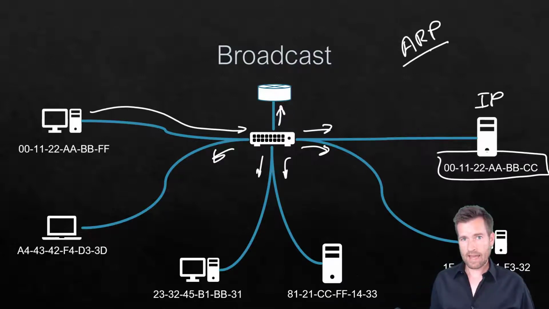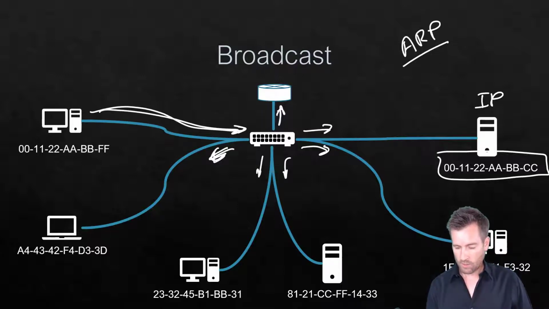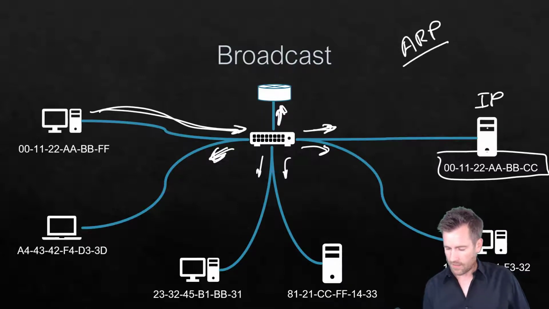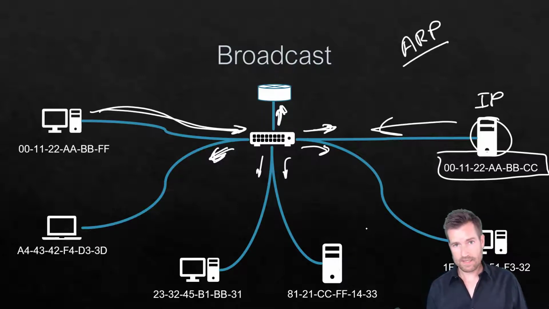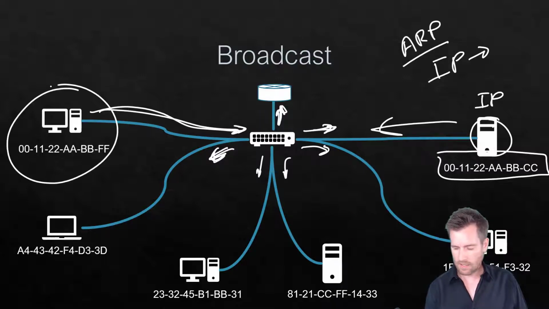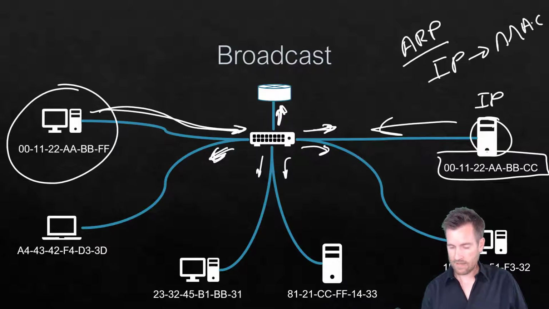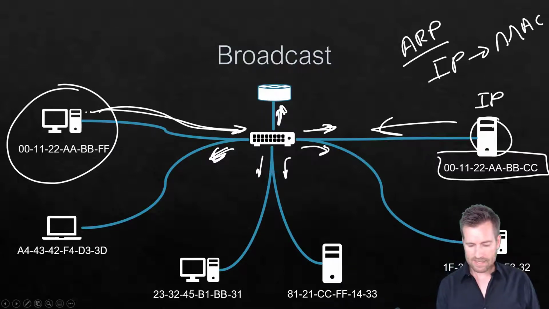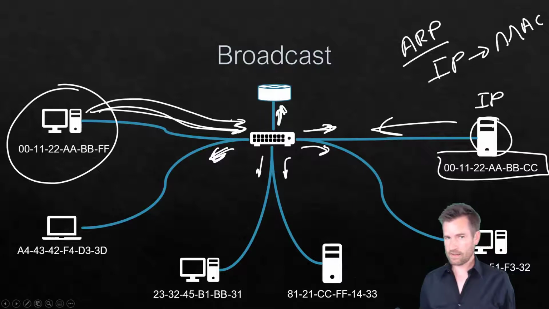So we use the Address Resolution Protocol, we send it out, that request goes out all ports, this machine gets it and sends back the response with a MAC address. So this machine can turn that IP address into a MAC address and send it out.